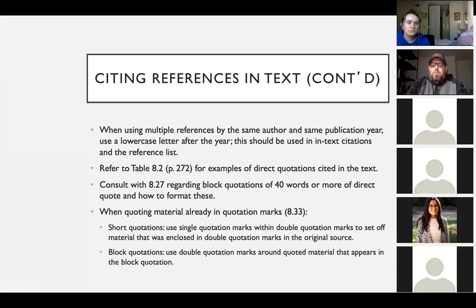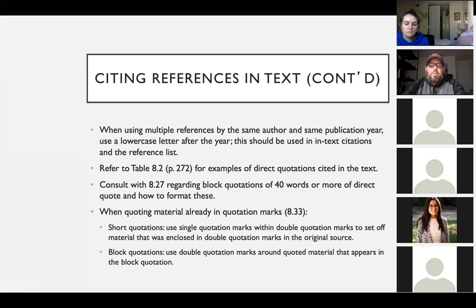I'm going to refer you to page 272 and look at table 8.2 for some examples of direct quotes cited in the text, again, just to give you some reference points. And additionally, recognizing too that if you use a direct quote that's 40 words or more, then you do need to format it as a block quote, which means that the entire quote needs to be indented half an inch from the left margin.